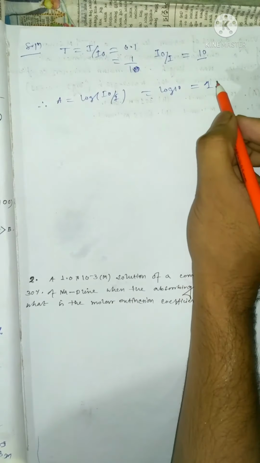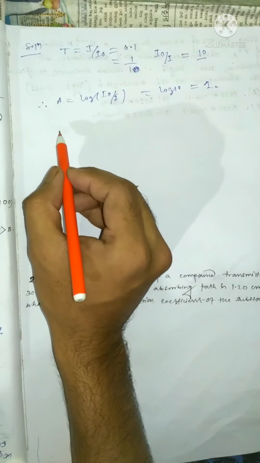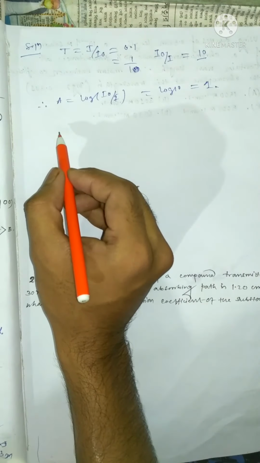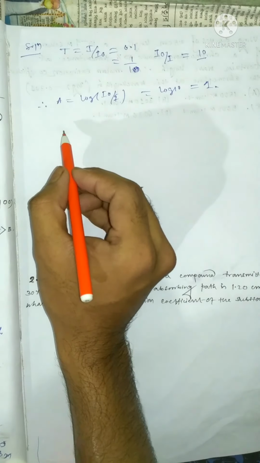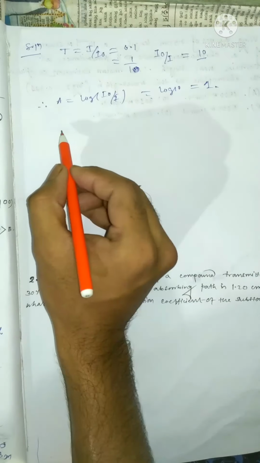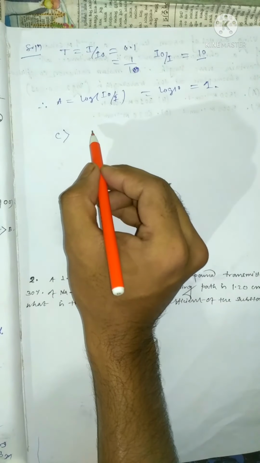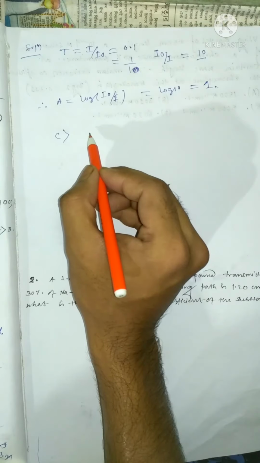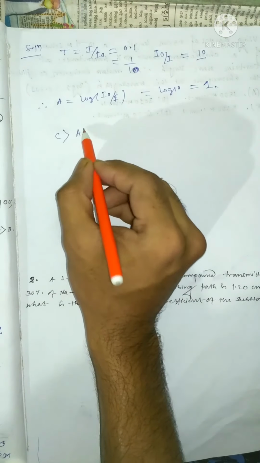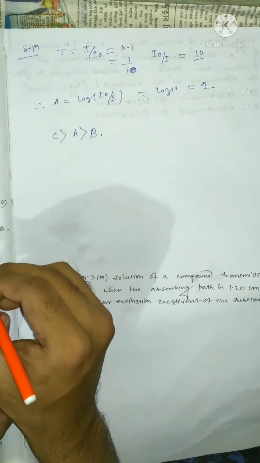Clear. So here we can say the optical density value of C is greater than A, which is greater than B, meaning the fourth option is correct.